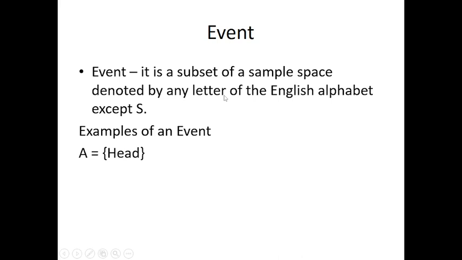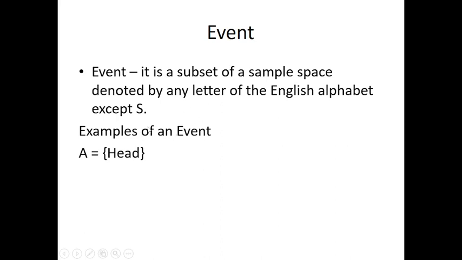Let's say, halimbawa, in tossing of a coin, okay, so there are two possible outcomes, is either head or tail. And let A be the event that head will appear in tossing a coin. So therefore, ito yung ating event A, the event that head will appear. So ito yung outcome ngayon, itong outcome na to, matatagpuan din sa ating sample space.